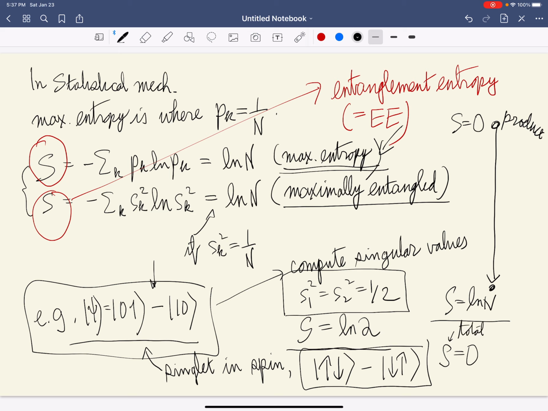Sorry for the confusing overlap of the notation. So this is a spin singlet wave function. And the spin singlet state is in fact one of the most well-known examples of a highly entangled state in nature. So when people do experiments on entanglement using actual physical systems, they tend to turn to these singlet spins and try to play around with them.